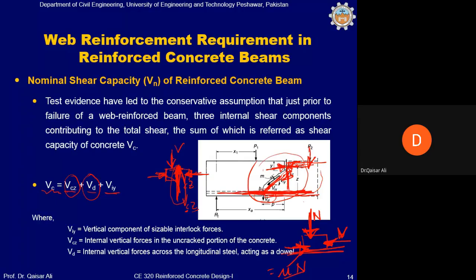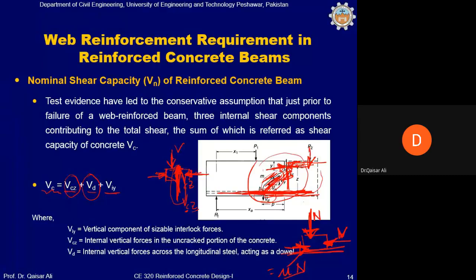Because initially the cracks which appear will be very small, and slowly and gradually the crack will increase. But in the beginning, when the crack appears, the interlocking action between the two parts of the concrete, interlocking due to friction, will also resist the shear stresses.